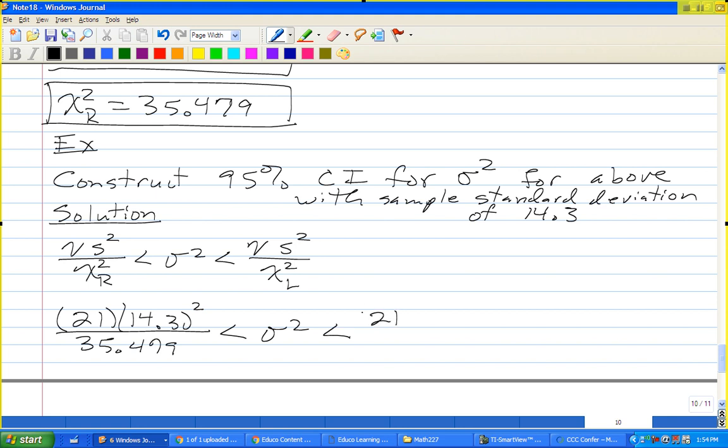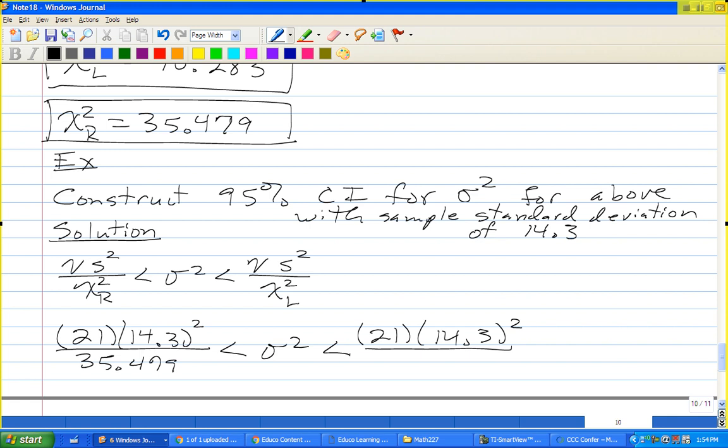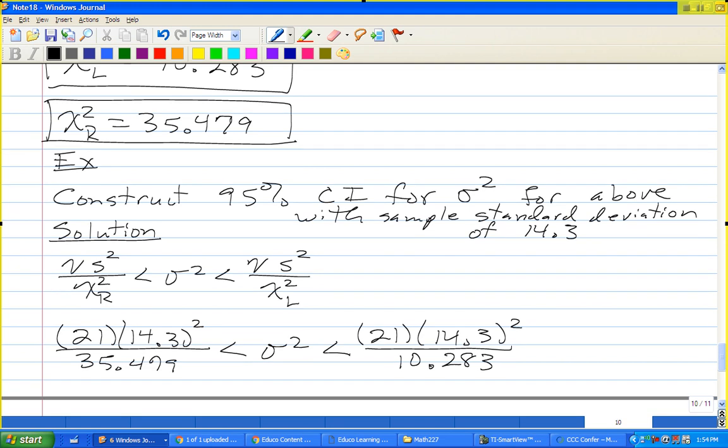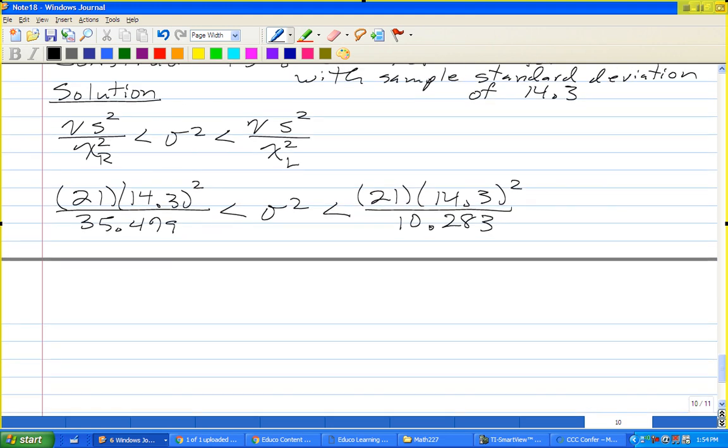Everything remains the same, except for the left chi-squared, which is 10.283. Okay, so plug that into your calculator.